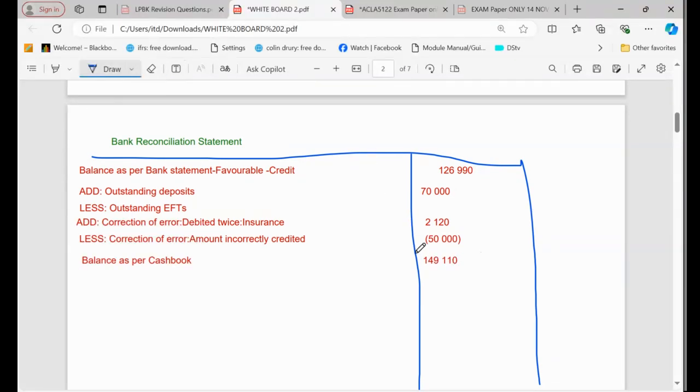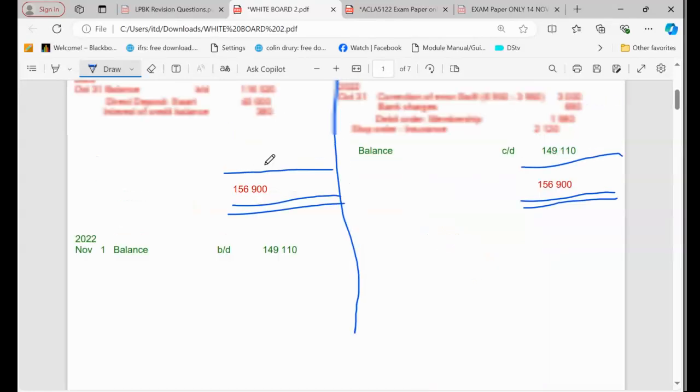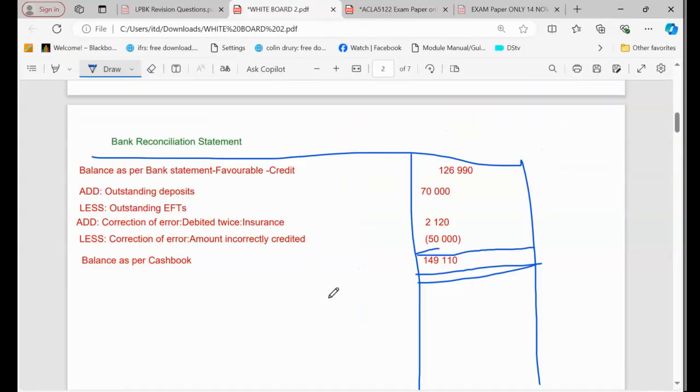Is this one appearing on your calculator now? Yes, it's the same. So now it worked out. Perfect. Reconcile.